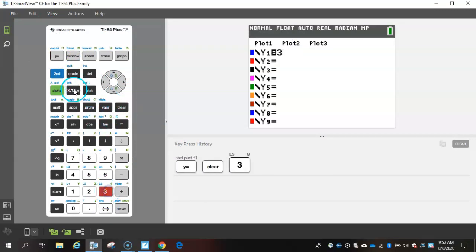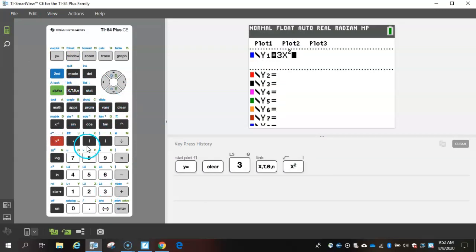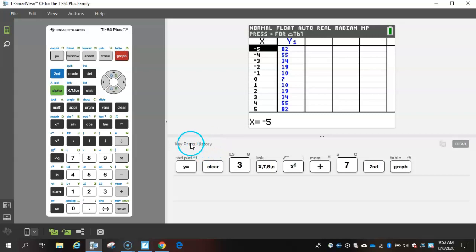Right, so 3x squared plus 7. And I'm going to go into the table. And now where this is, I can see that there are 2 places that y is 82. There are 2 places that y is 34. And there's 1 place where it's 7.